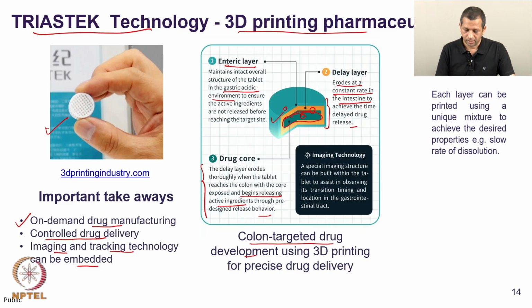Each layer in this drug can be manufactured using specific material so that the properties that we need in each layer can be controlled. Those properties can also be controlled using the speed of manufacturing or the type of slurry or the feedstock that is being used.